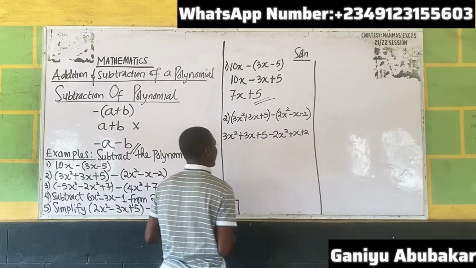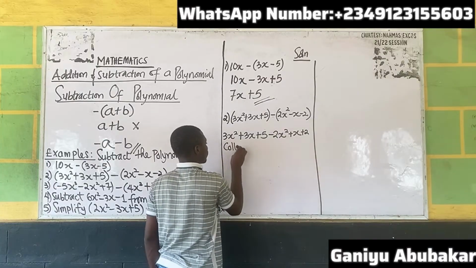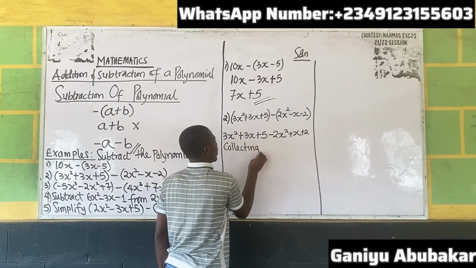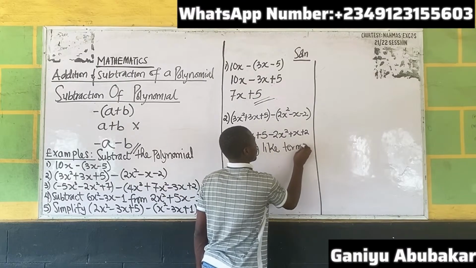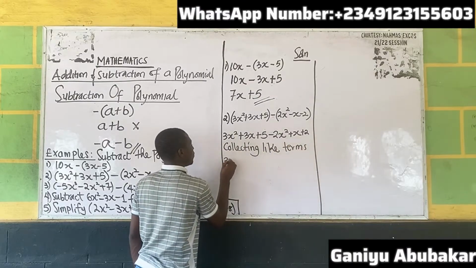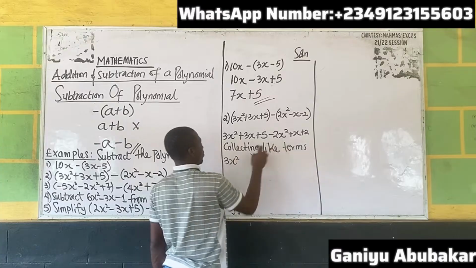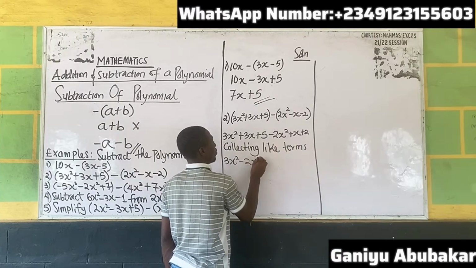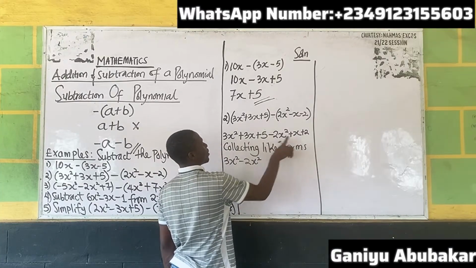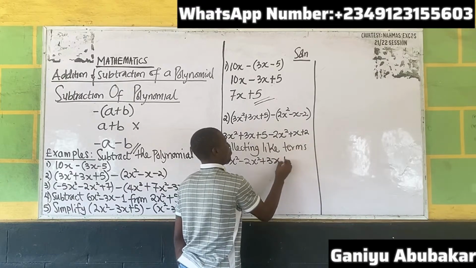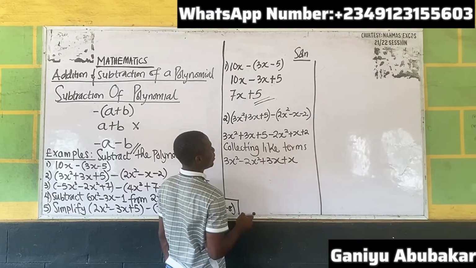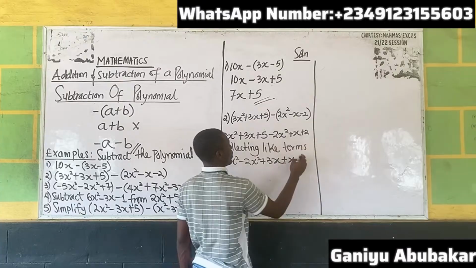Alright. Next task says collect like terms. That gives you 3x squared minus 2x squared. Done. Then pick x, plus 3x, and then plus x. Finally, I have plus 5 and plus 2 left.